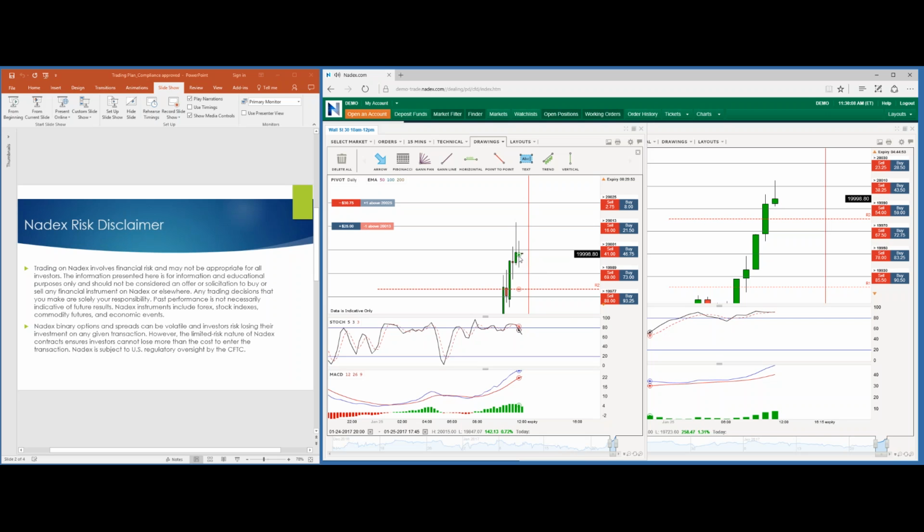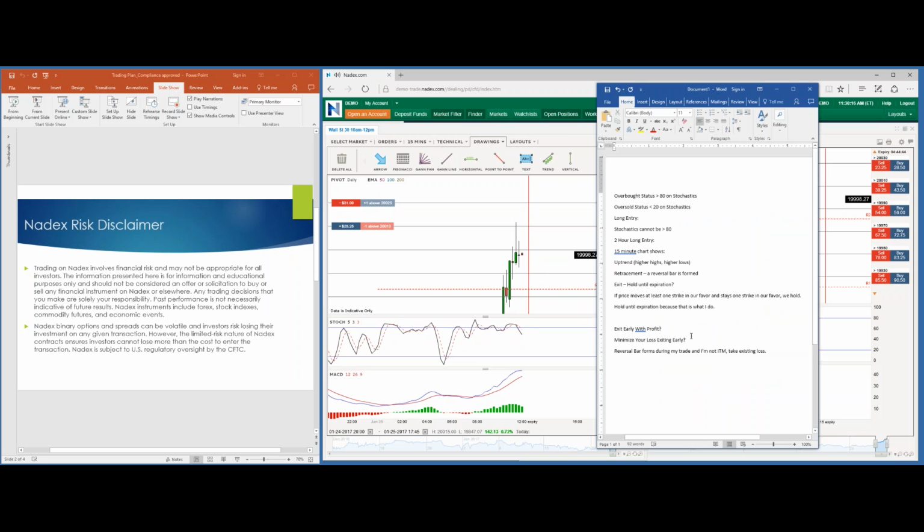Well, there's a potential for a reversal bar here. And this is a good example for exiting early with profits. Right now, we're one strike in our favor. Do you see that? We're trading below this strike. Our strike is up here.